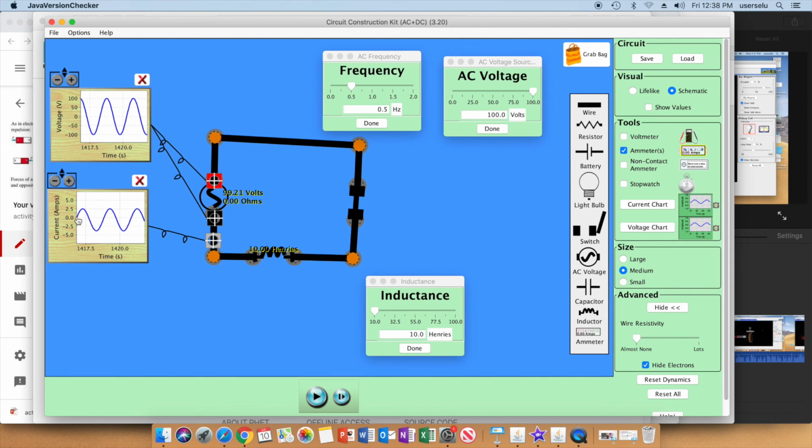In this particular case, there's a phase difference between the two, and the phase of the current is behind the phase of the voltage. And again, it's 1/4 of a wave. When the voltage is at peak, the current is at 0. It's trailing the voltage because its peak has already passed.